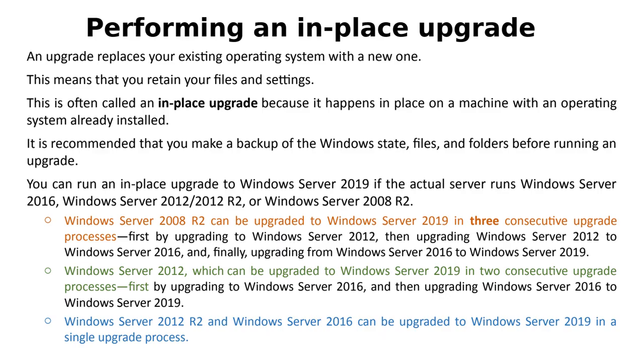In-place upgrade, this is, I think, very easy. I mean, this is straightforward. We have done this before. But there is one trick with 2019. You can only do it from 2016 or Windows Server 2012 and 2012 R2, or Windows Server 2008 R2.